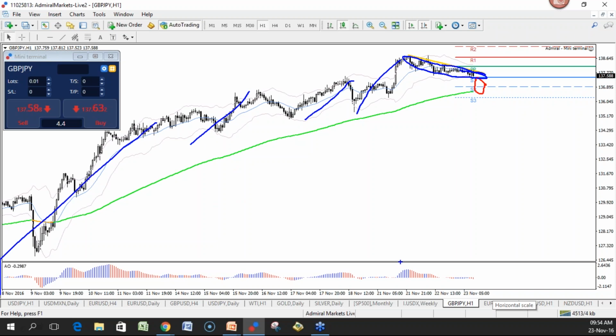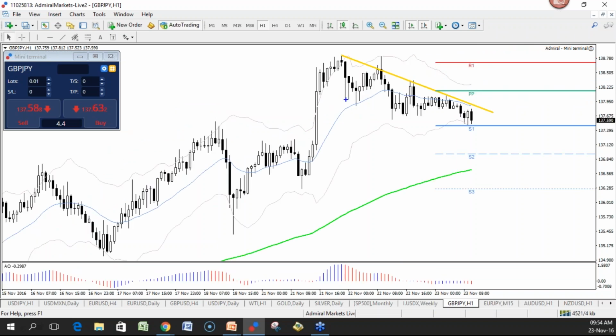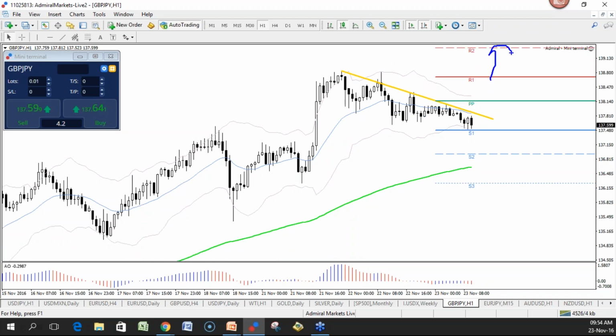So that's why I'm still open to the fact that this is just a correction and that this could occur from PP to R1 and perhaps an extension from R1 to R2. Then I would definitely be on guard because then there's triple divergence in the meantime, and R2 could be the bouncing spot, for instance, for that bigger correction finally.